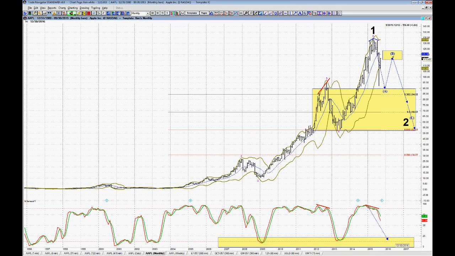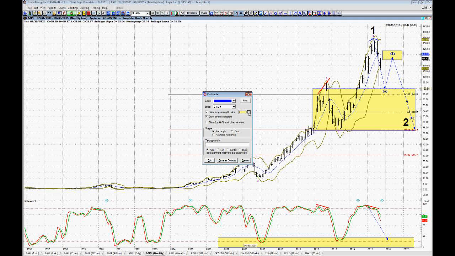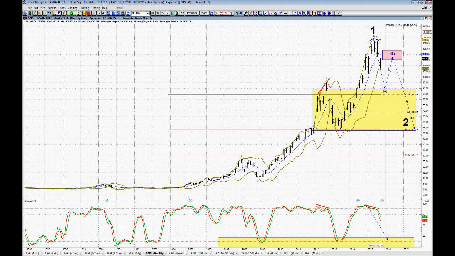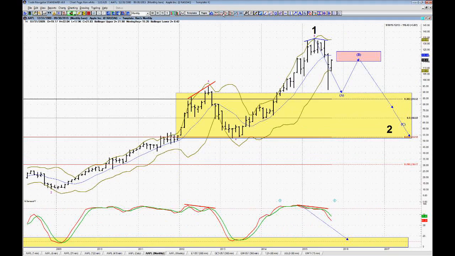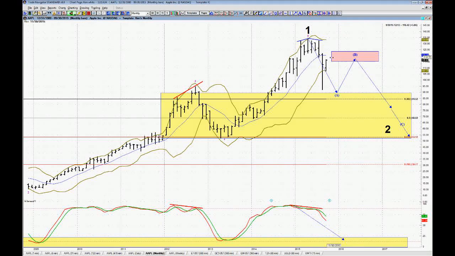Now, if you're looking to get short or exit your longs, the market's saving your losing longs that you bought up in the 130s, and you're looking for the place to get out, this pink box over the next couple months is the area, and we've just entered that area.